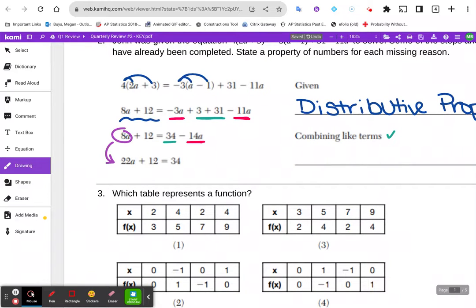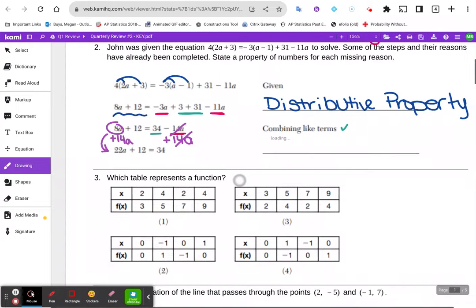I still have the 12 and the 34 in the same spot. So the only thing missing is that 14. That means I moved it so that a was on one side. So I added 14a to both sides so it would have canceled on the right. So whenever you add something to two sides of the equal sign, that's your additive property of equality.